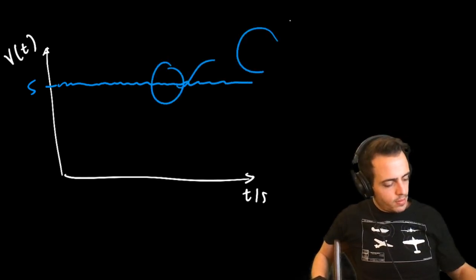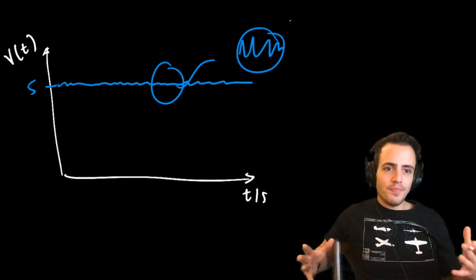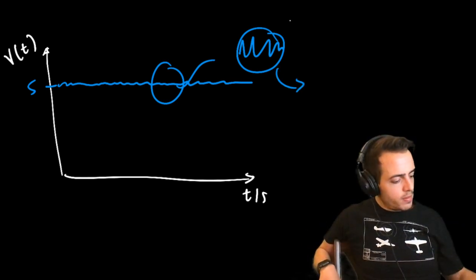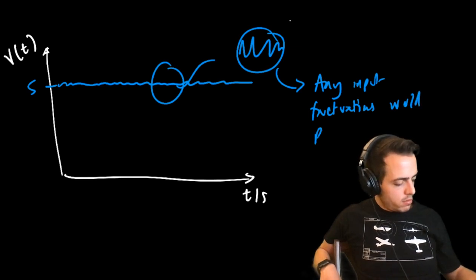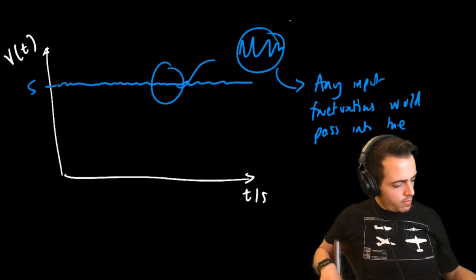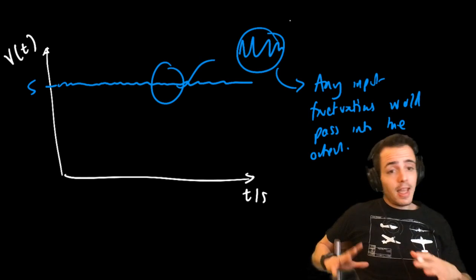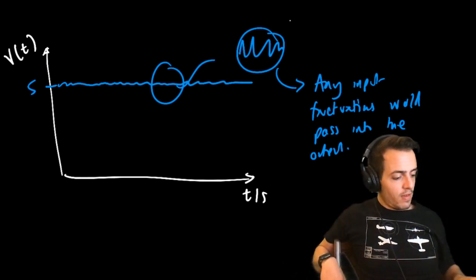If we zoom in, we've got big fluctuations in our supply voltage. So those fluctuations would then get passed through into the output. And the way that we can avoid doing that is by non-dimensionalizing and plotting gain versus the quantity of interest.